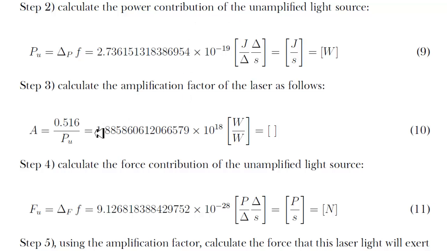When you do that, you get 1.885, etc., times 10 to the 18th watts per watt. So this is unitless, of course. It is an amplification factor, so it's unitless. And so this is the amplification factor of the laser light, given the wavelength of light that was given in the original question.